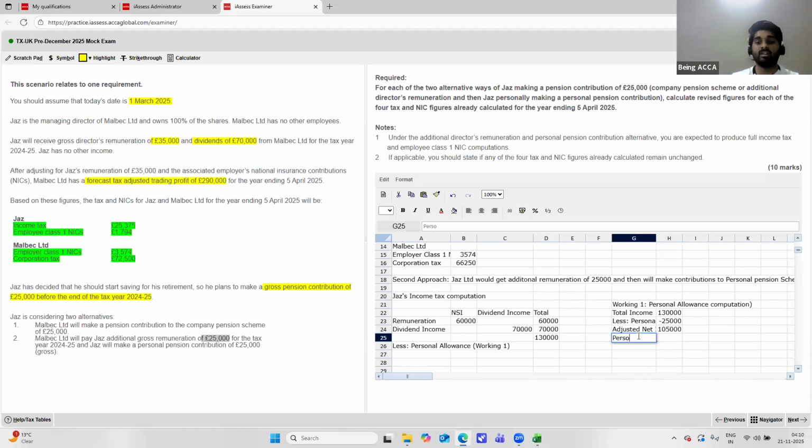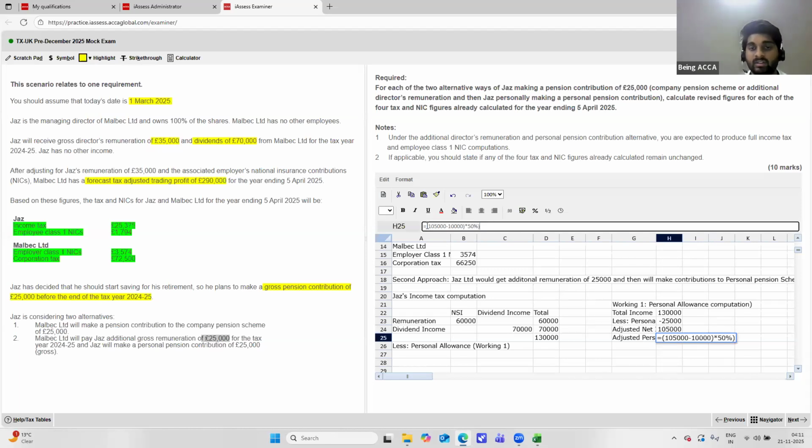So how do we calculate the adjusted personal allowance? The reduction would be 105,000 minus 100,000, times 50%. This is how much deduction should be made. Now, what should it be deducted from?